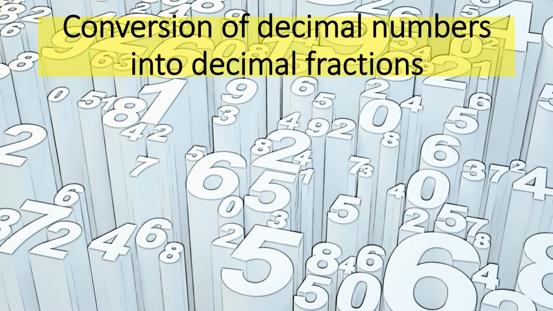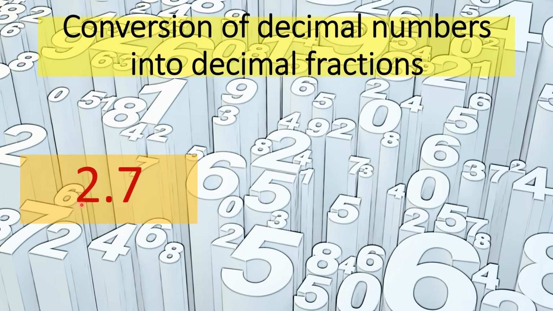If we need to convert a decimal number into decimal fraction, so what we will do, very simple it is. If decimal number is given, it means 2.7 is given and we need to convert it into fraction, then what we will do, again we will count these decimal parts. How many digits in decimal part? One digit. I have already told you that in any decimal there are three parts.